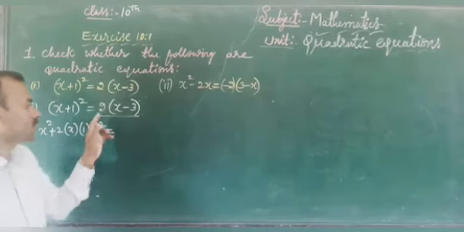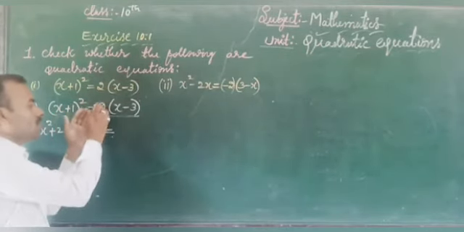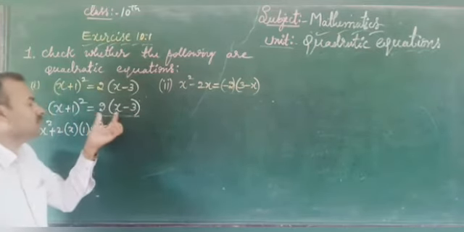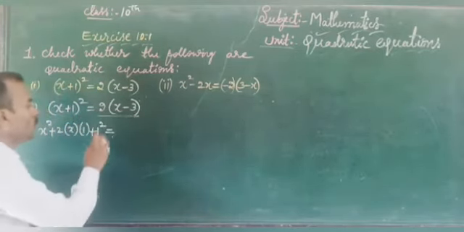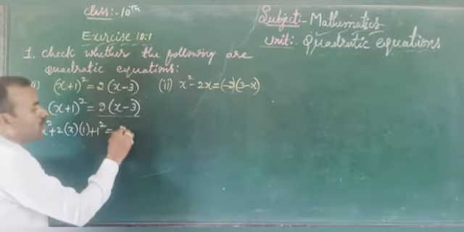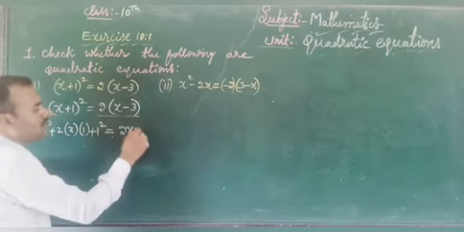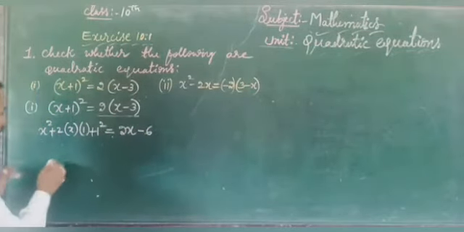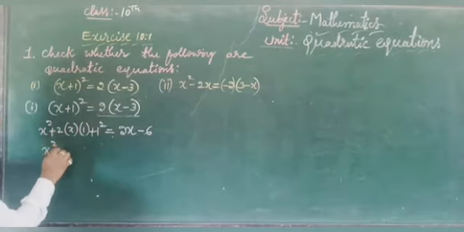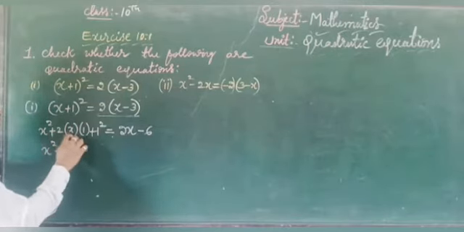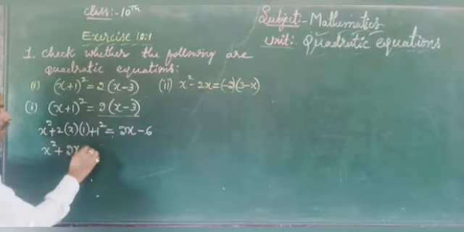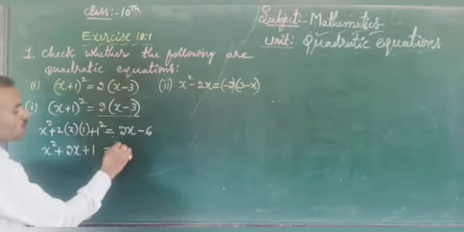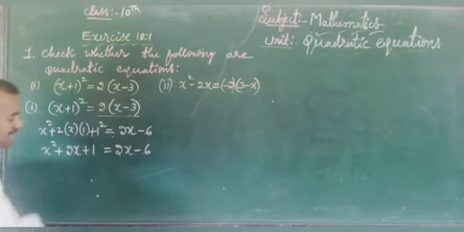Here on the RHS, 2 is the monomial and x minus 3 is the binomial. Multiply x minus 3 with 2: plus 2 into x is 2x, plus 2 into minus 3 is minus 6. Okay, here write x square plus 2x plus 1 square, meaning 1 into 1, equals 2x minus 6.